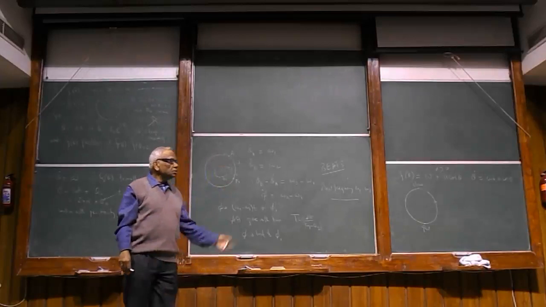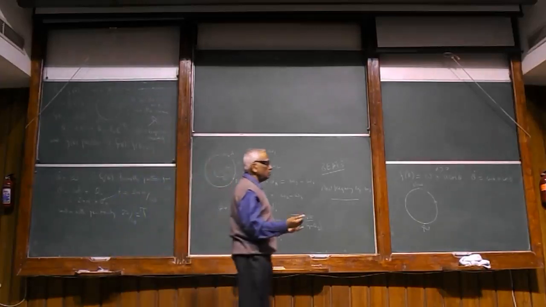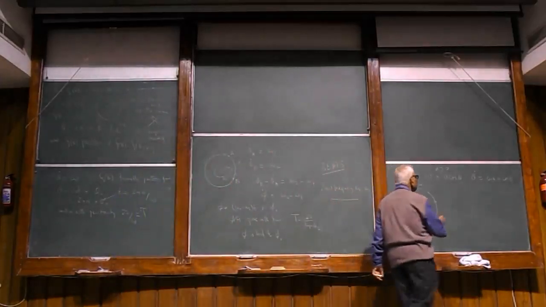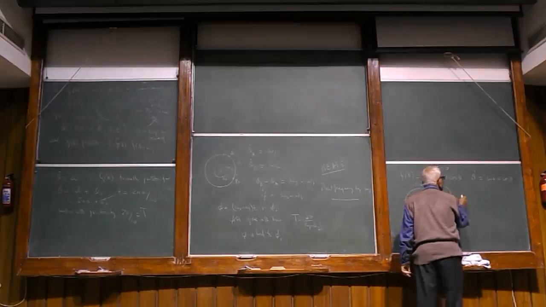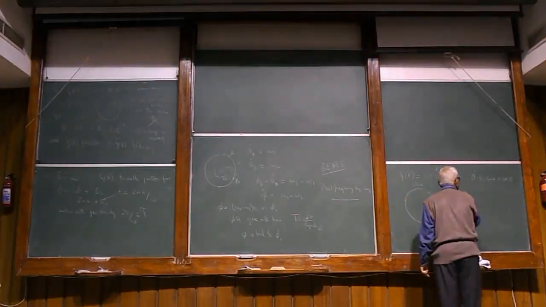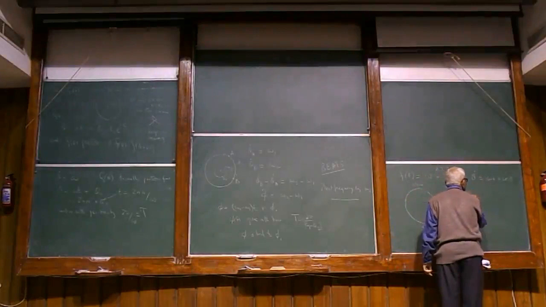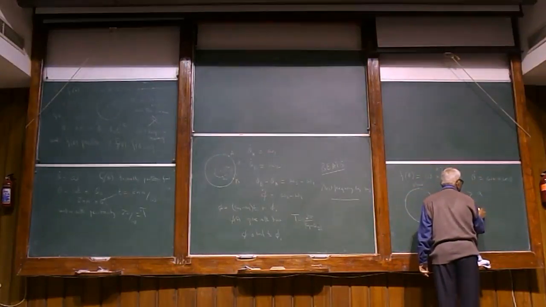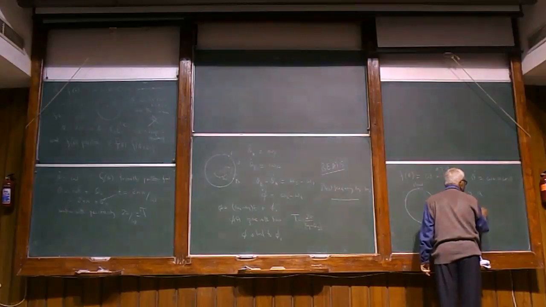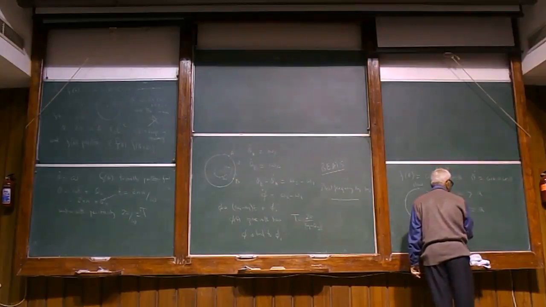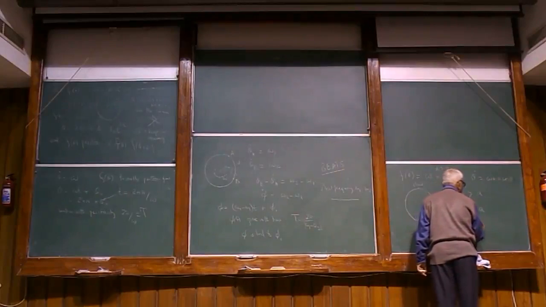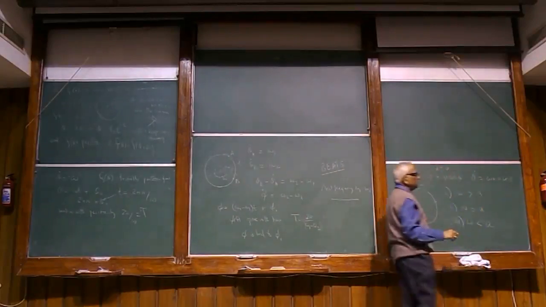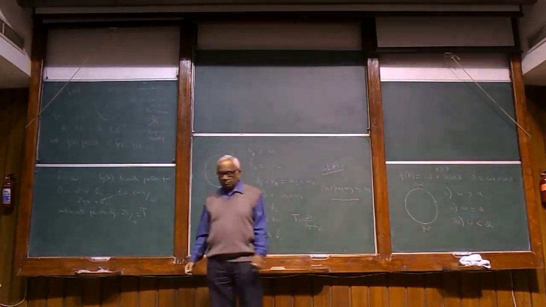Very good. So what should I be looking at? I look at three different cases: one, omega greater than a, two, omega very nearly equal to a, and three, omega less than a.